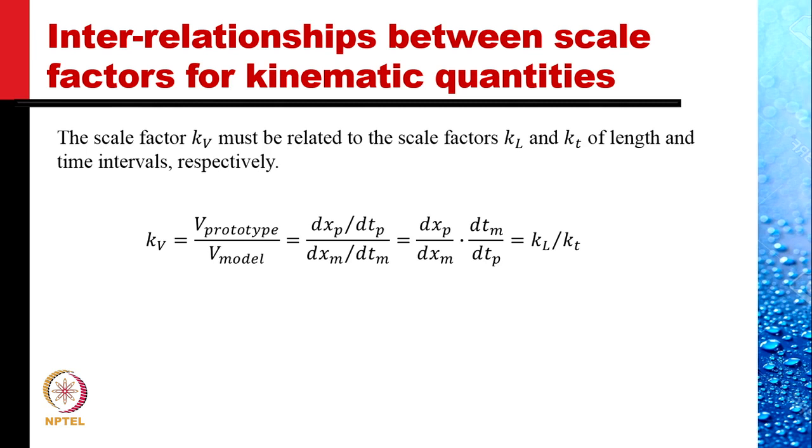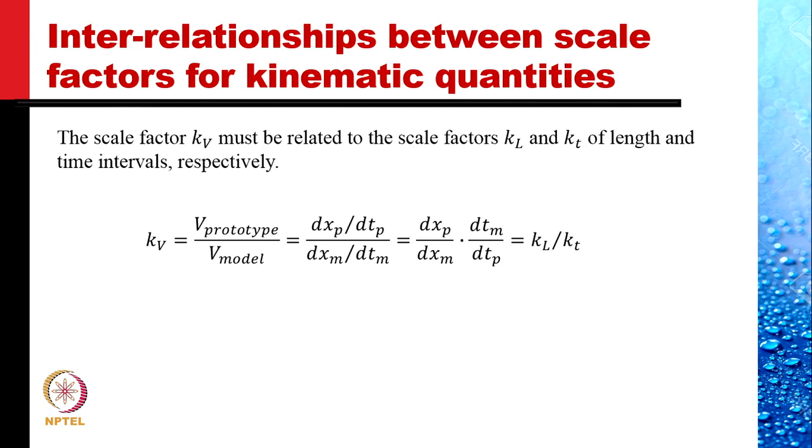V of prototype can be written as dxp, the distance travelled in the prototype, in time dtp, divided by dxm, the distance travelled in the model, divided by dtm.